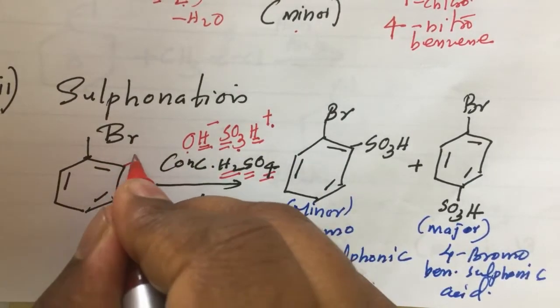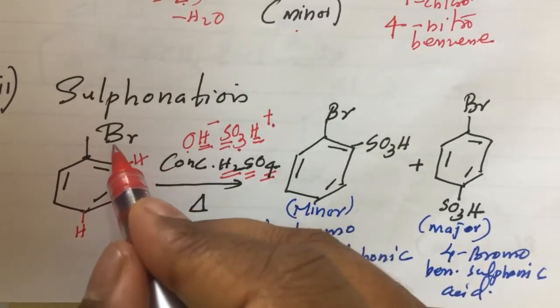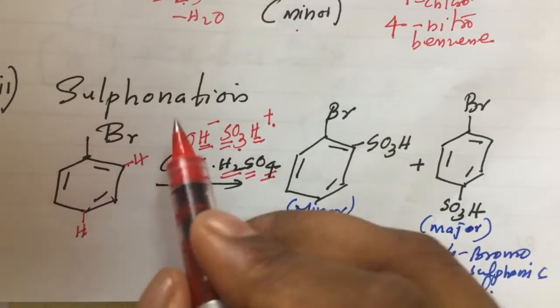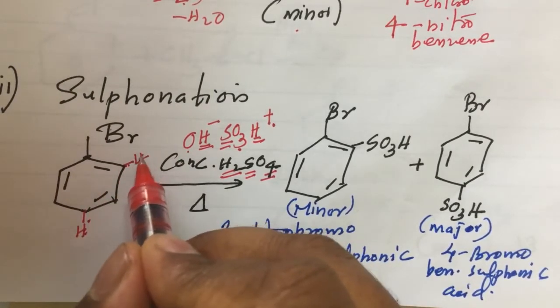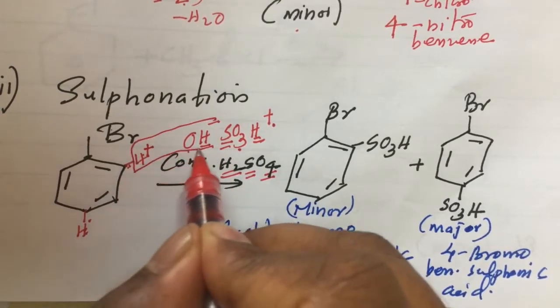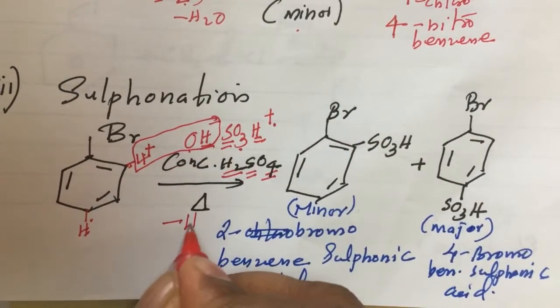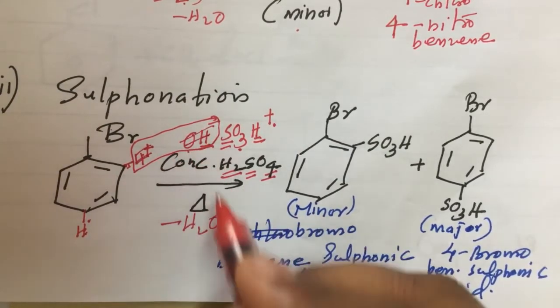Then H from ortho and para, because electron density of haloarene is more at ortho and para, so electrophilic substitution takes place at ortho and para. H plus and OH minus form the byproduct water.